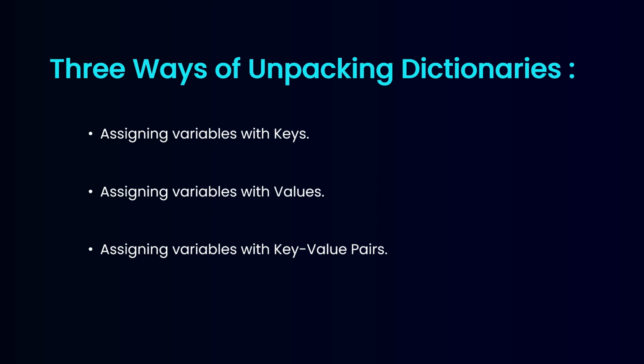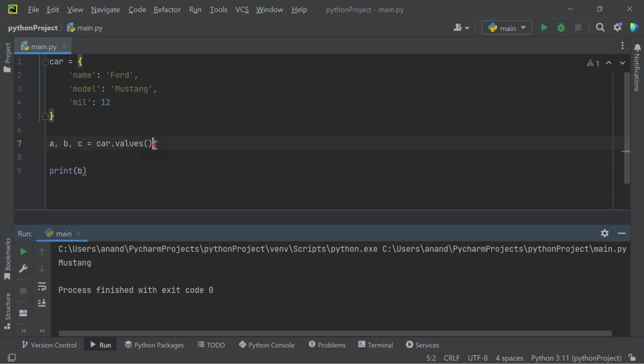Also, if we want to store the whole key value pair in a variable, we also have a method for this. We can remove this dot values method and just use dot items. Now every key value pair of this dictionary will be stored as a tuple.